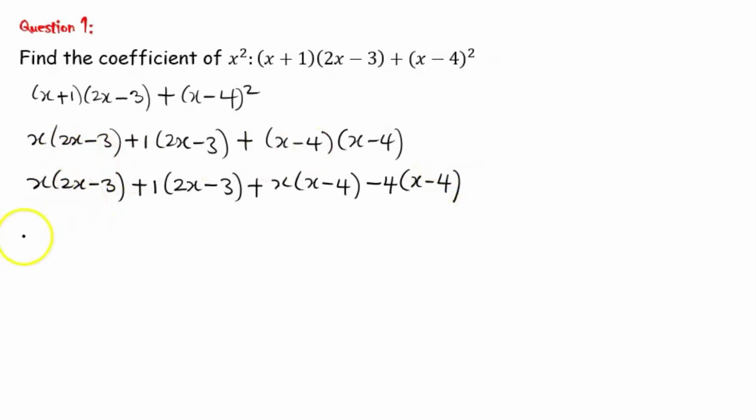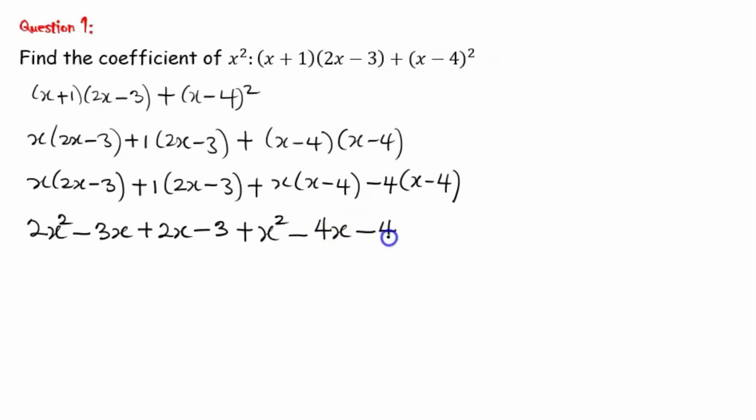Let's expand this. x times 2x, x times x gives x squared, so 2x squared. Minus 3x. Then plus 2x, and minus 3. Then plus x squared minus 4x, minus 4x, plus 16.